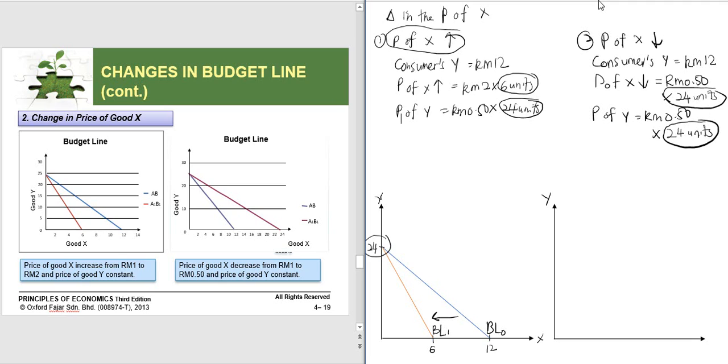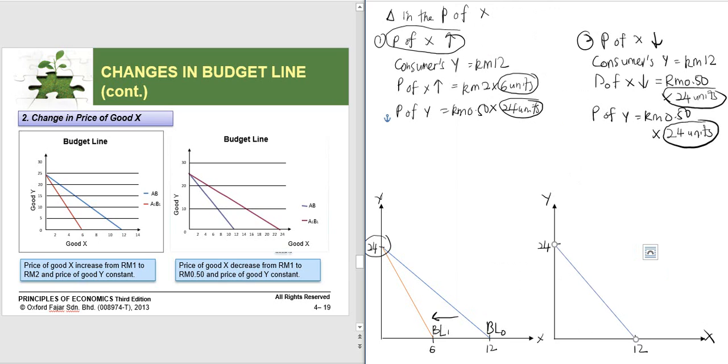So when you draw the graph to show the budget line, again you draw the same thing. The initial budget line was at 24 and 12. Okay, let's say I put 12 here. So you have the budget line.